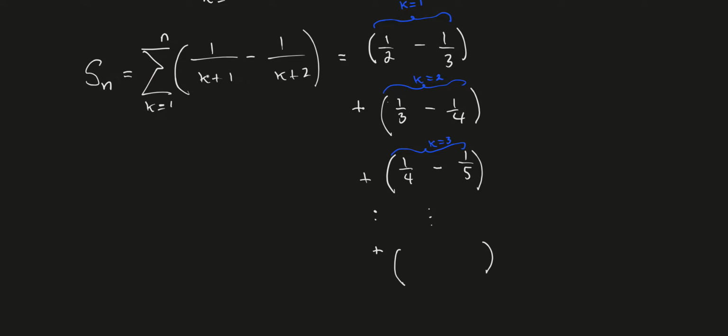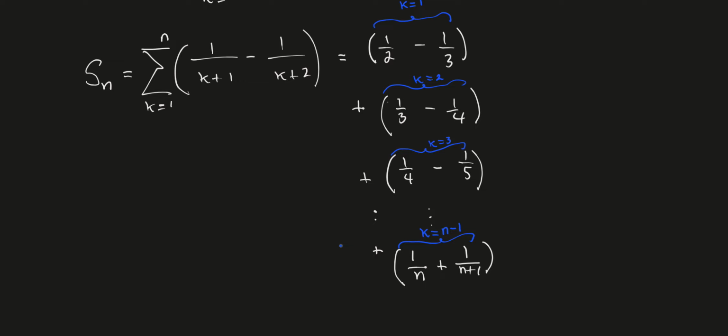If k is equal to n minus 1, then I would have n minus 1 plus 1, so my denominator would be n. And then n minus 1 plus 2 is n plus 1. And my numerators are still the same. So this expression here is what I obtained by replacing k with n minus 1.